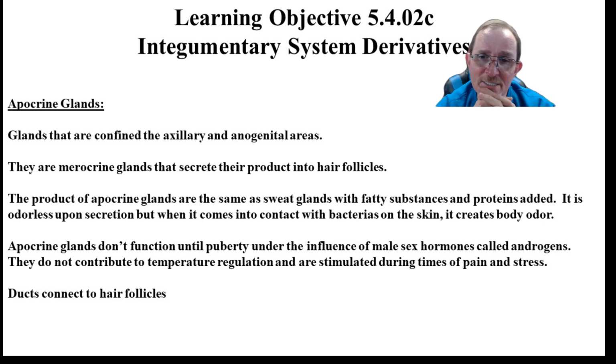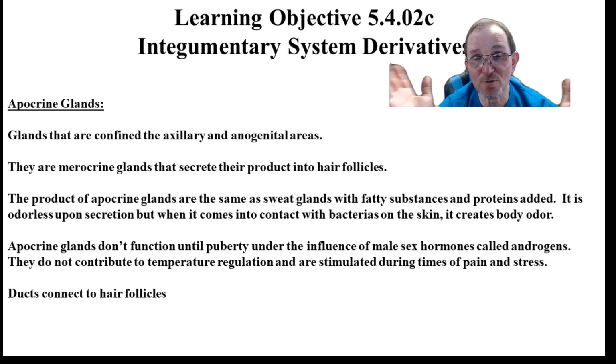The apocrine glands do not work for children. They only start when puberty hits. They don't help at all in temperature regulation, but like the eccrine, they will be activated in times of pain or stress.